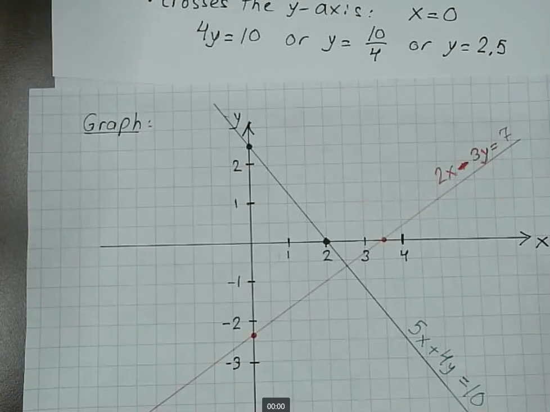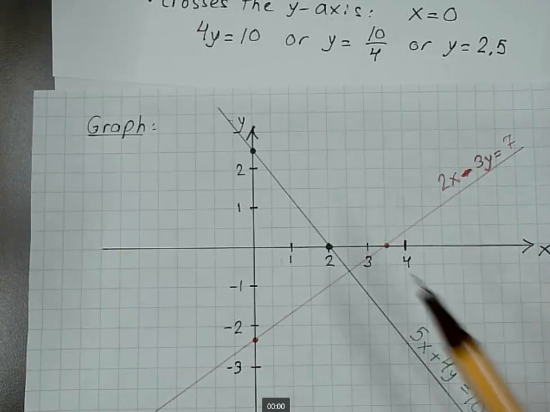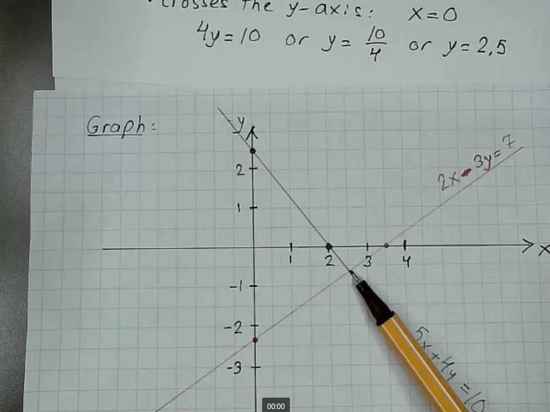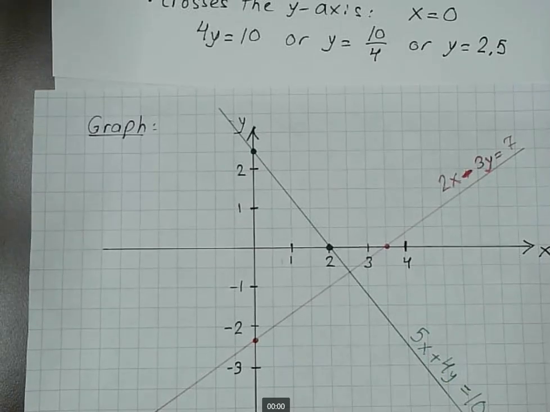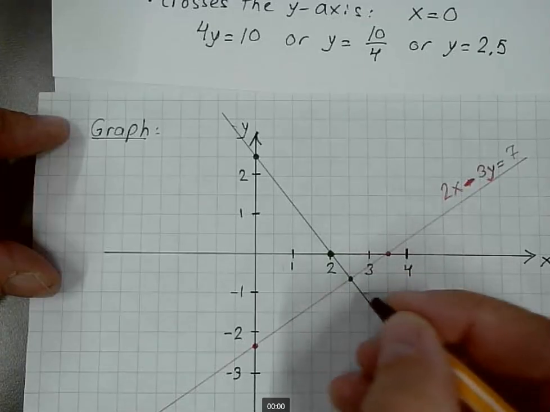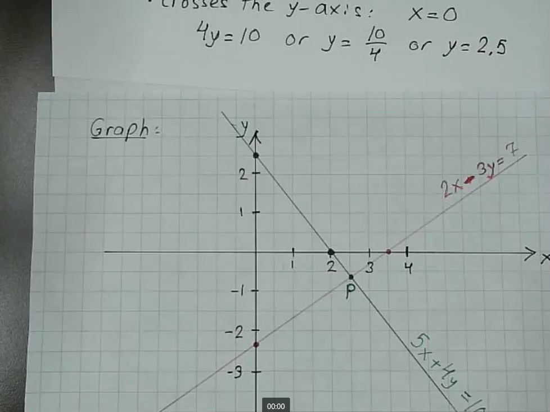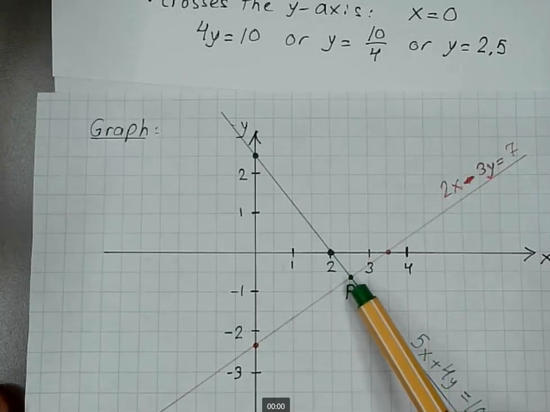And now we see that those lines actually cross each other. They have common point, only one common point, or the point which belongs to both lines. It is here. And when we try to approximate the coordinates of that point, I will call this point P. And now on the picture I am trying to approximate those coordinates.